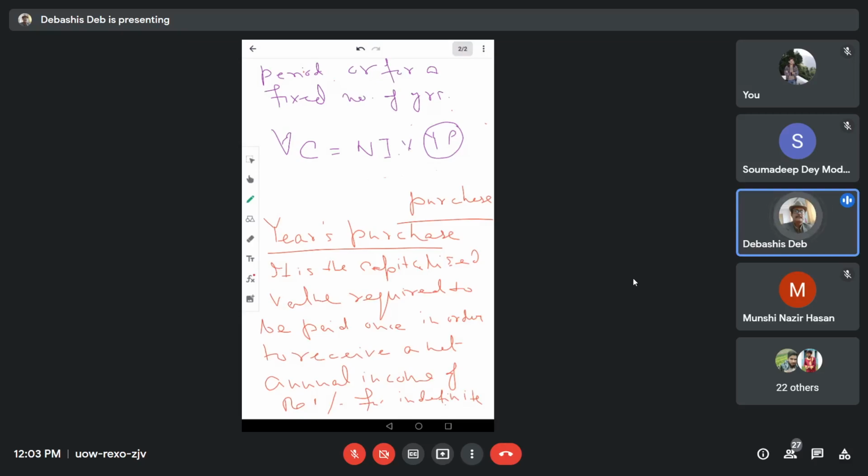If rupees 1 is obtained, then capital value equals years purchase. If rupees 2, then into 2. Whatever the net income is, it will be years purchase into net income. That's why capitalized value C equals years purchase into net income.